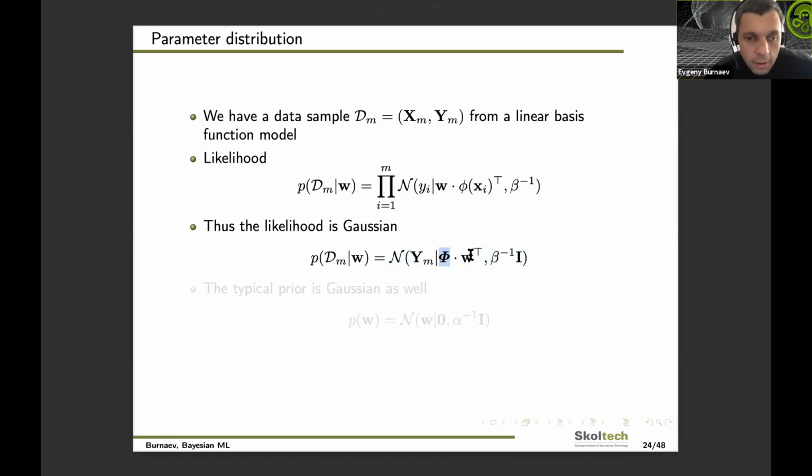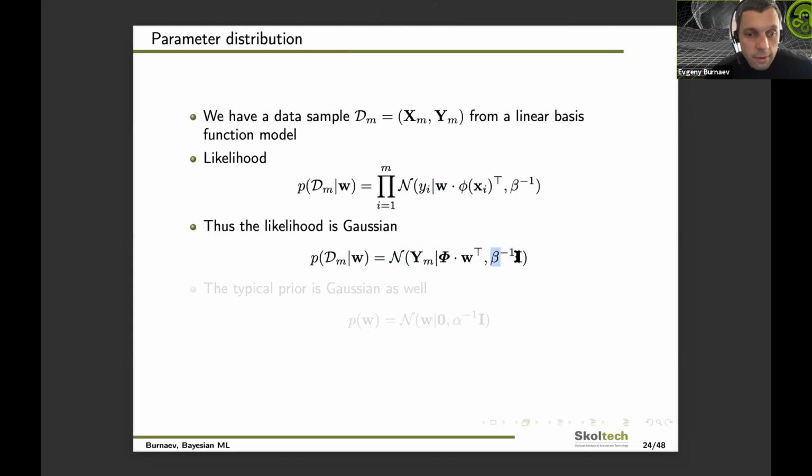So this is the vector of mean values. And because all observations in my data set are assumed to be identically distributed and independent, that means that the covariance matrix of the Gaussian distribution is diagonal.